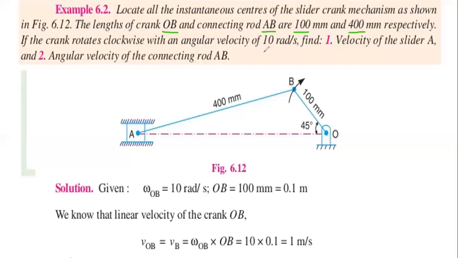They have also given the angular velocity of the crank, 10 radians per second. So in the given data we take omega of OB as 10 radians per second, where OB is the crank here.